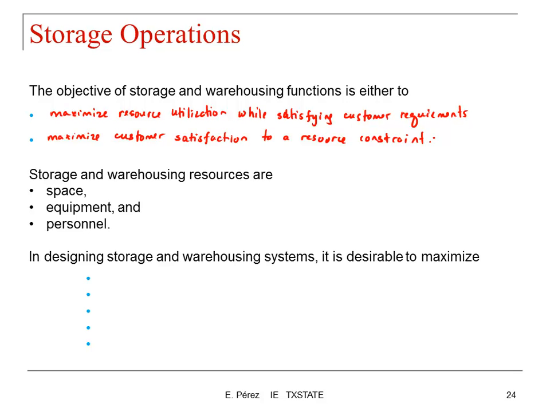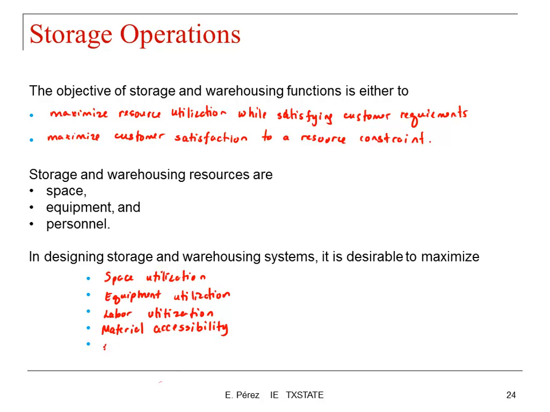And in designing a storage and warehousing system, it is desirable to maximize the space utilization, equipment utilization, labor utilization, also in terms of the material accessibility, and material protection.